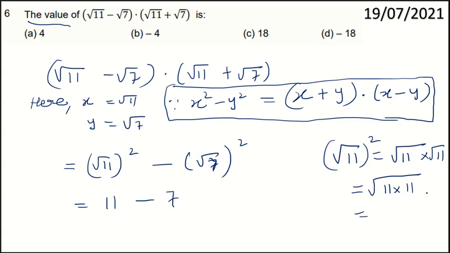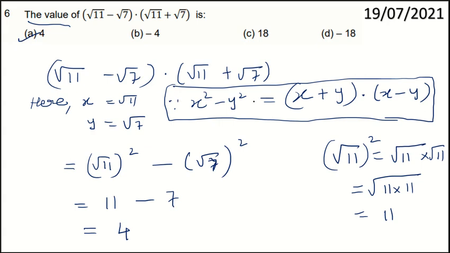The square and square root will get cancelled and give only the radicand, that way also you can take it. So, the result is 11 minus 7 is 4. So, here the right option is A.